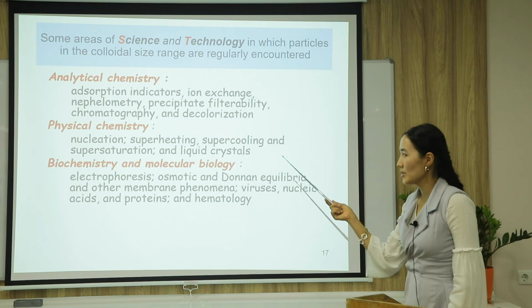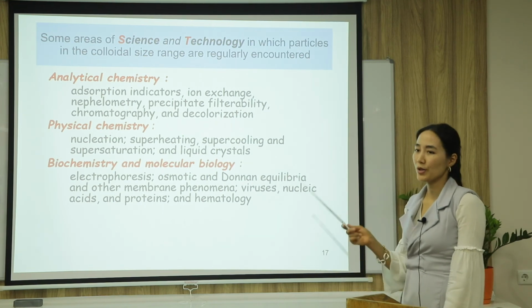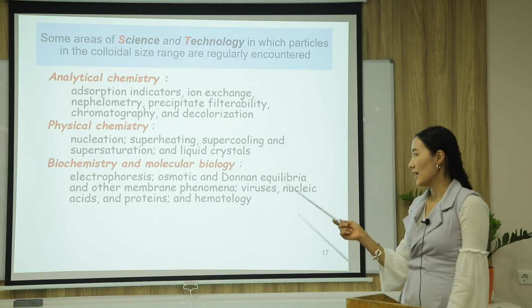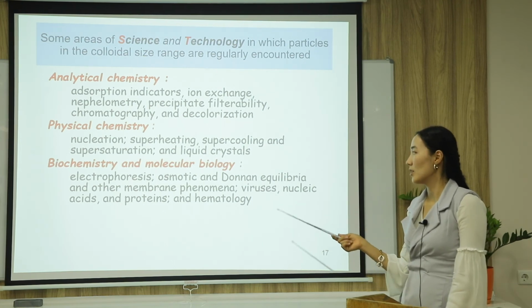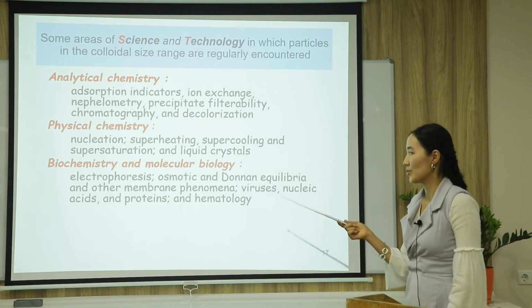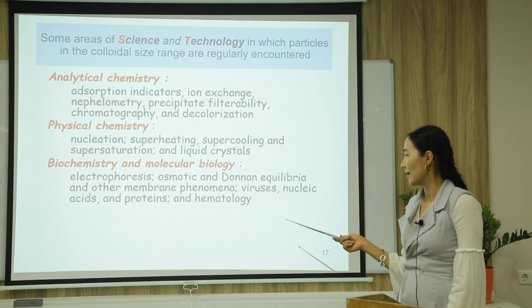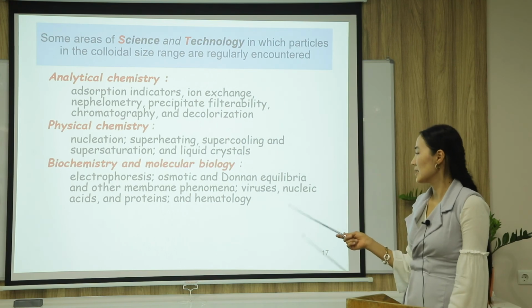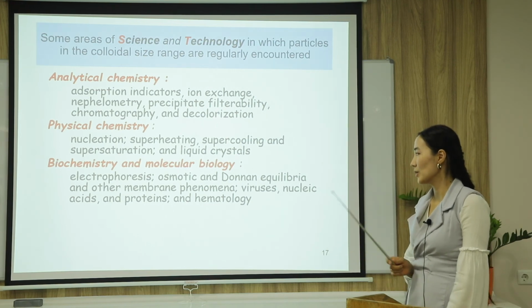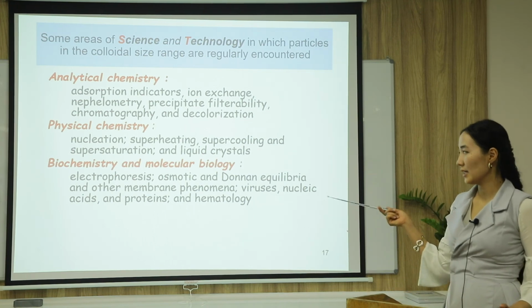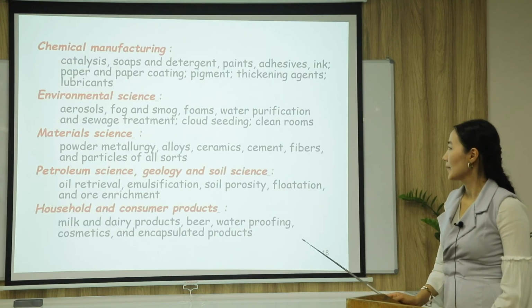In physical chemistry we have superheating, supercooling, supersaturation, and liquid crystals. The last one is biochemistry and molecular biology. It's the process of electrophoresis, osmotic and Donnan equilibrium, and proteins, viruses, nucleic acids, hematology, and even our blood is participating in this process. Okay.